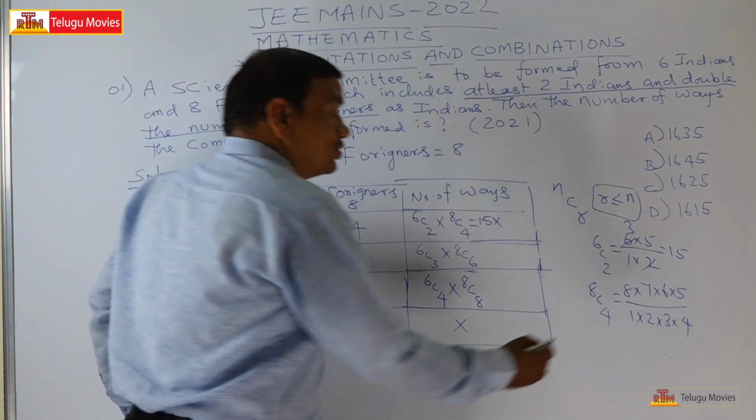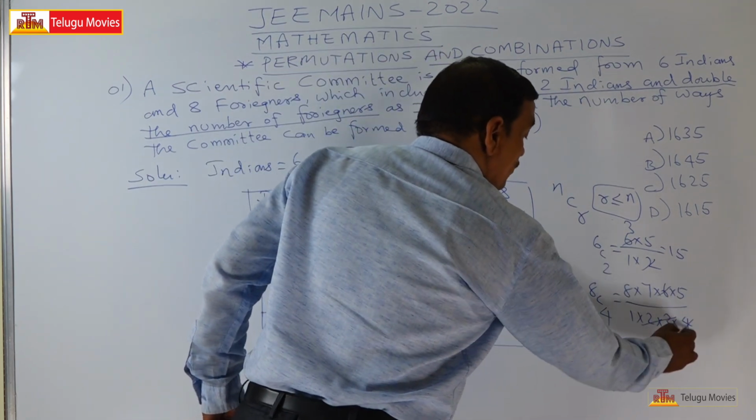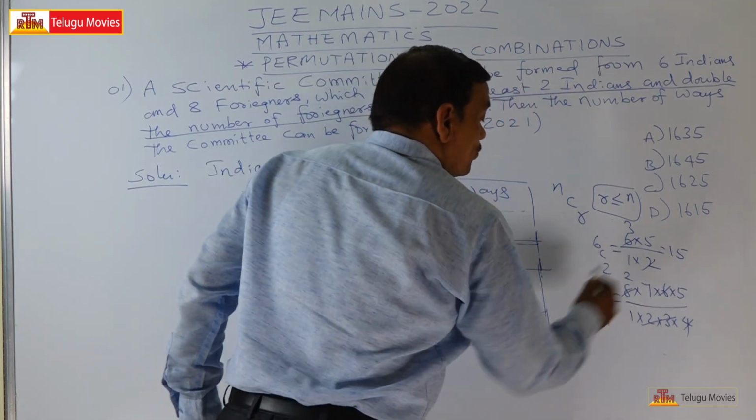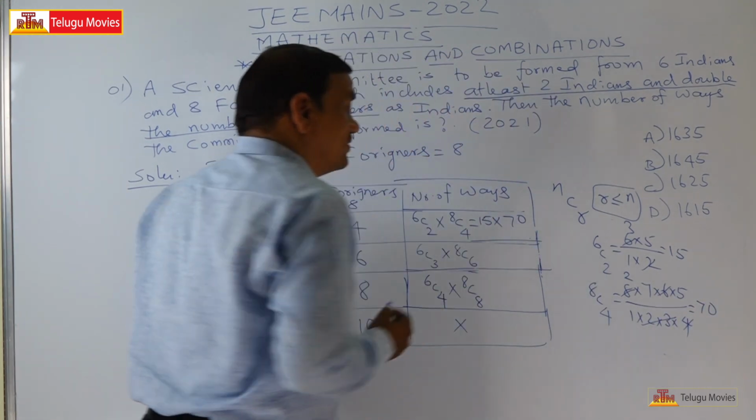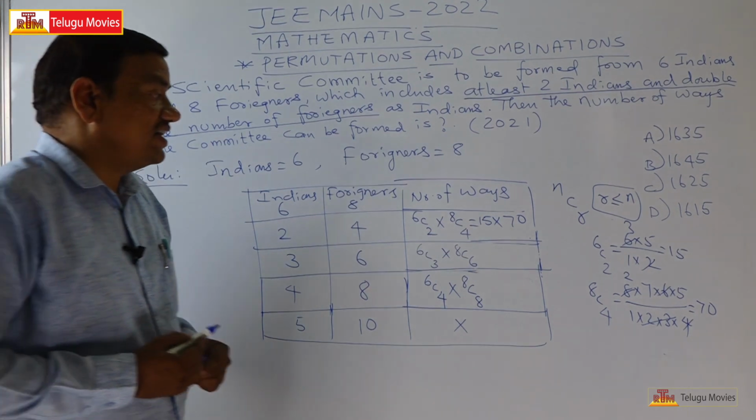So 2 3s are 6 will get cancelled, 4 1s are 4, 2 5s are 10, this is equal to 70. 15 times 70 is how much?